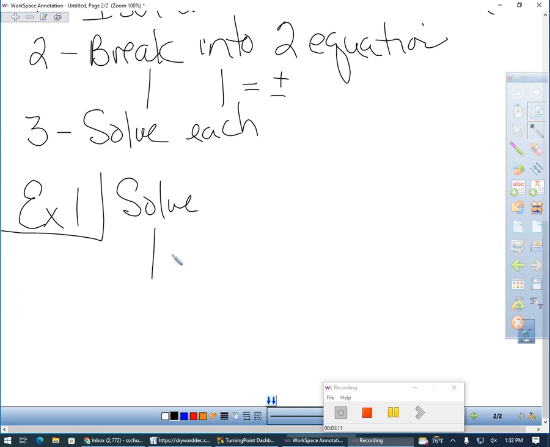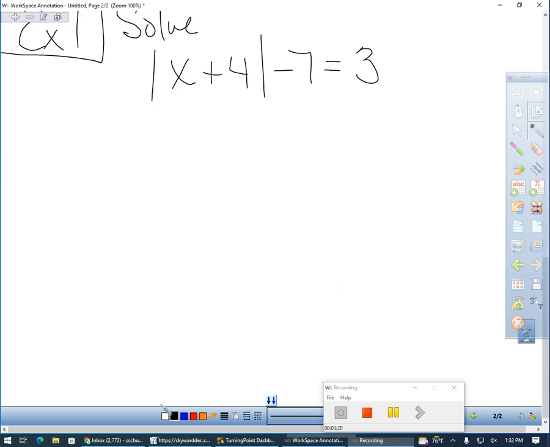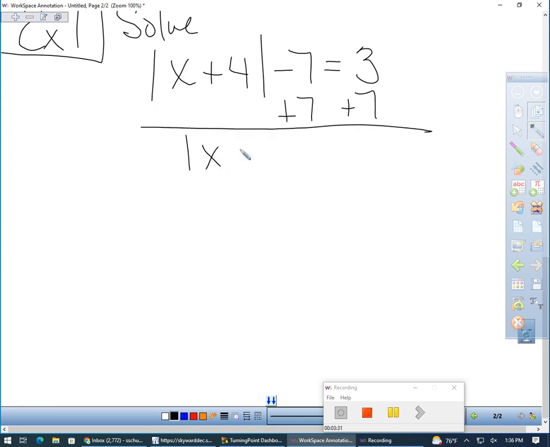Let's say I have the absolute value of x plus 4, minus 7, equals 3. Started super easy. So we have to isolate the absolute value. The first thing we have to do is add the 7 to the other side. So I have the absolute value of x plus 4 is equal to 10.